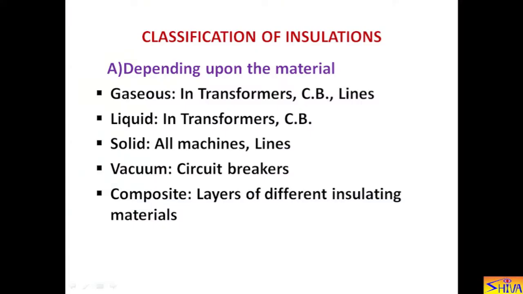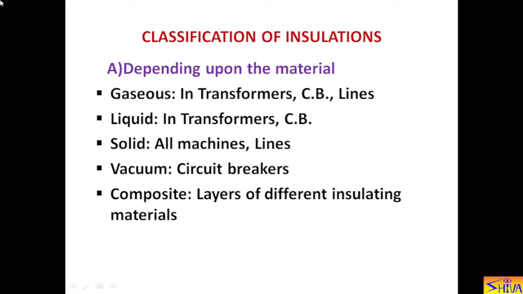The first classification is according to the material. The first category is gaseous insulation. This is used in transformers, circuit breakers and lines. In air-cooled transformers, the air is being used as cooling medium as well as insulation between winding and the body of the transformer.